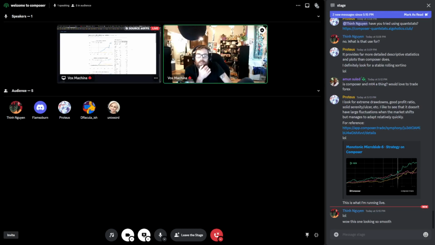The compound annual growth rate isn't ridiculous. You don't have an extremely elevated and yet extremely stable level of volatility. You suffer drawdowns just like anyone else does. But this is just so perfect. The monotonic microblob is so good. It's so good that I struggle to believe that it's real.